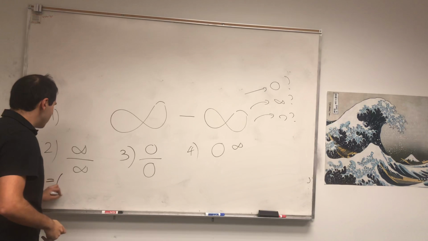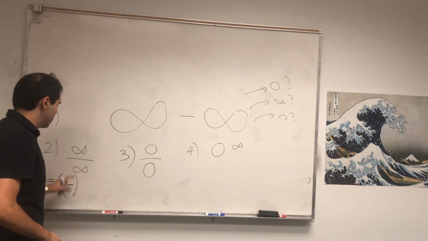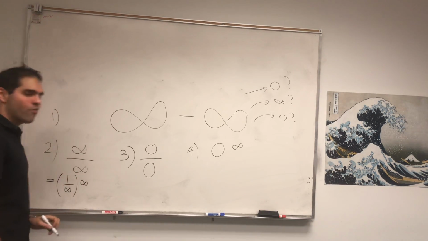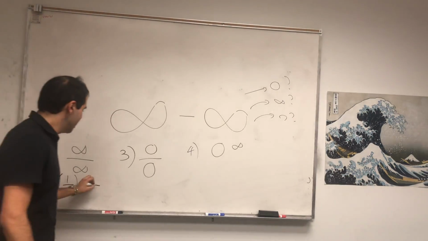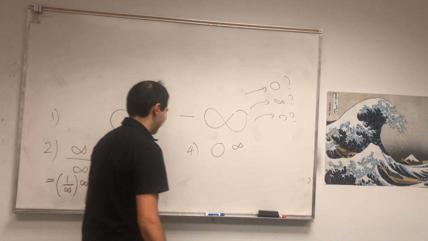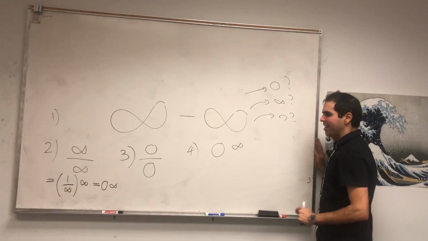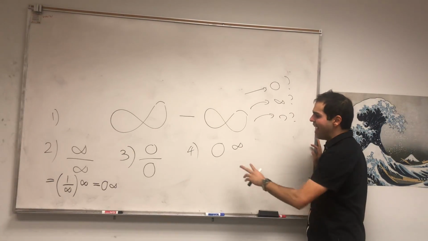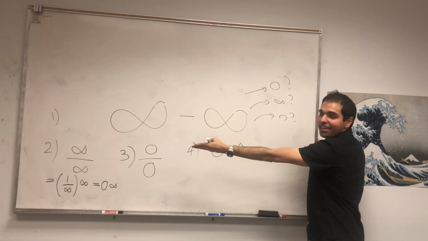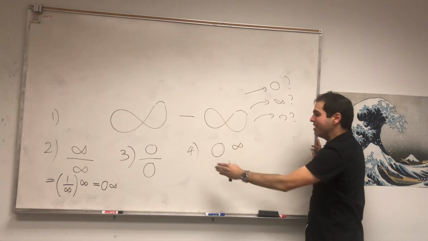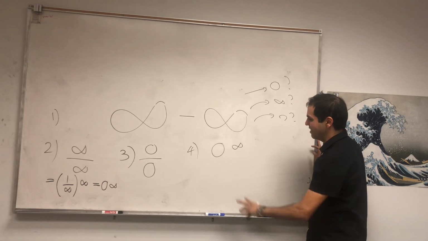Like this thing, you can write this as 1 over infinity times infinity, which is 0 times infinity. So, in fact, they're the same quantity, and because, again, this one is indeterminate, this is also an indeterminate form.